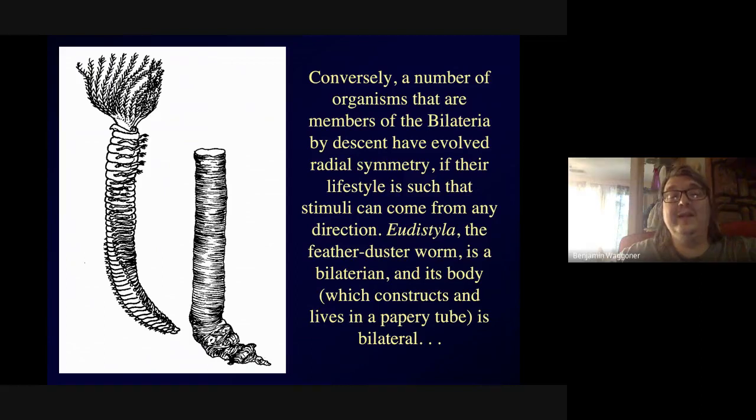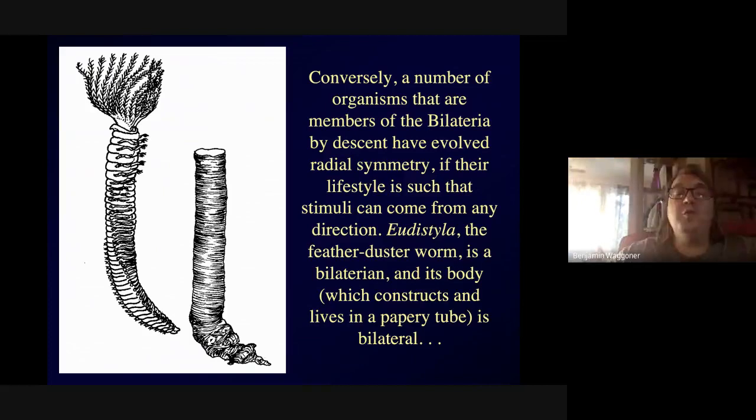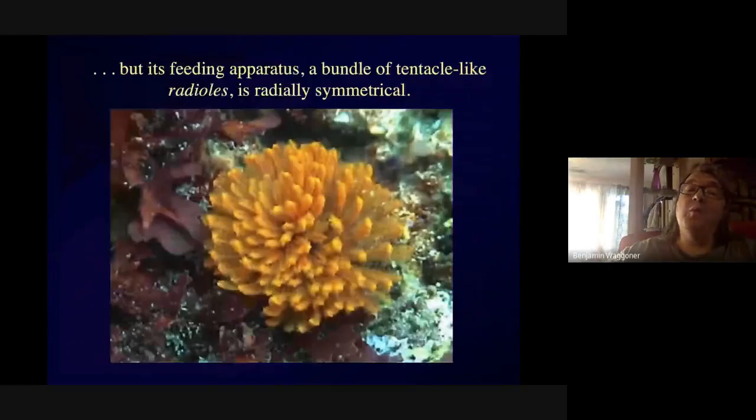You can see little appendages coming out, and the worm does have, each segment has a left appendage and a right appendage. So the worm body is still bilateral, but the way it lives is it spends all of its time in that tube. It can't survive without it.